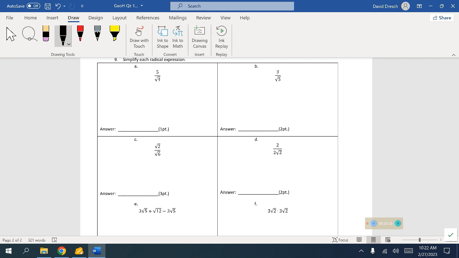All right, letter C. That one was not stellar because a lot of you did not finish reducing or simplifying on that one. Square root of 6 starts it off, rationalizing that denominator. Multiply across, square root of 12 over the square root of 6 times 6 is 36. There's that perfect square, 6. Now, some of you did not take that 12 off to the side. You just stopped.